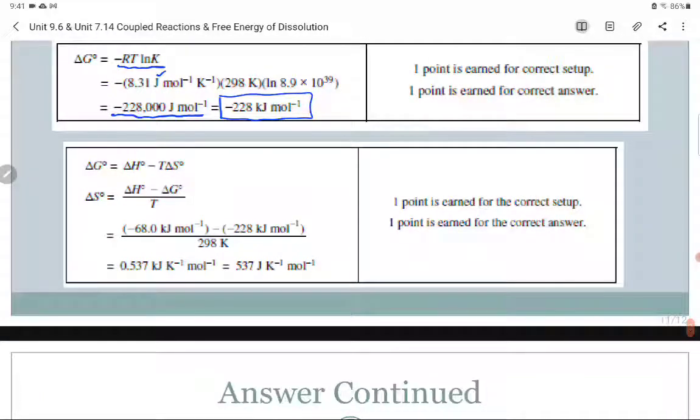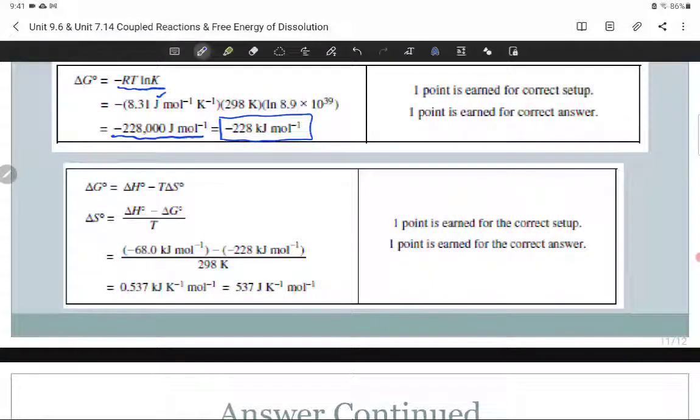So here is our delta H. Here is our delta G that we just calculated. Here's our temperature. When you get that answer, it's going to be in kilojoules, but if you multiply it by 1,000, you get it into joules.